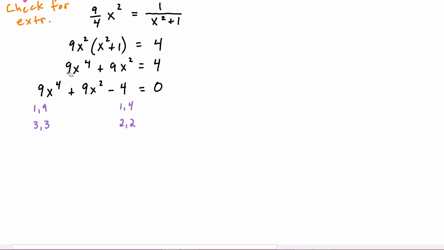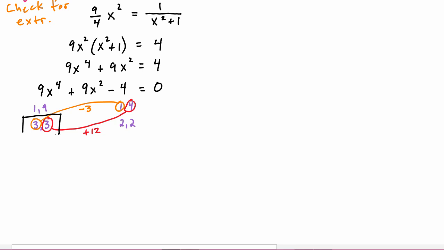Now remember that one of our products will be positive and one will be negative because we need that negative 4 over there. So looking through this list, we can see that if we took 3 times 4 and let that be a positive 12, then we could do 3 times 1 and let that be a negative 3. Positive 12 minus 3 would give us that 9 that we need.